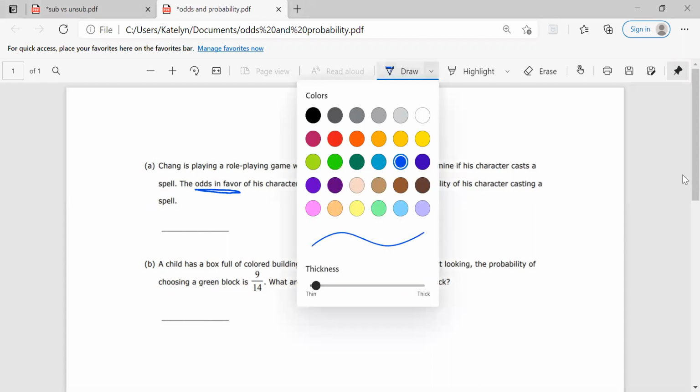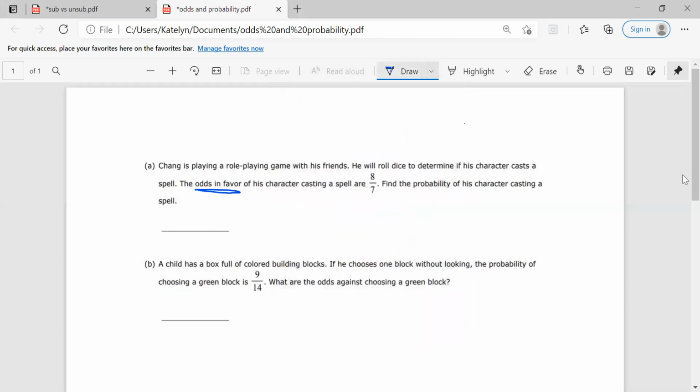Since it's saying the odds in favor, that means our numerator is going to be in favor and our denominator is going to be against. So this means that the 8 is representing the number of ways to win, and 7 is the number of ways to lose.